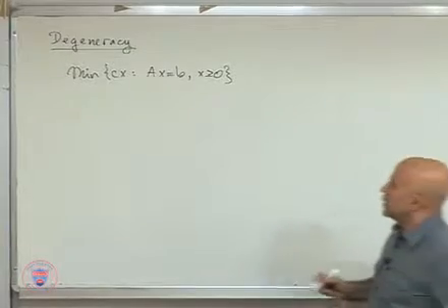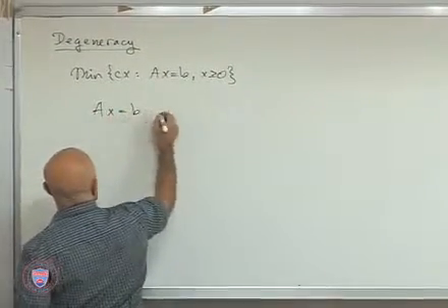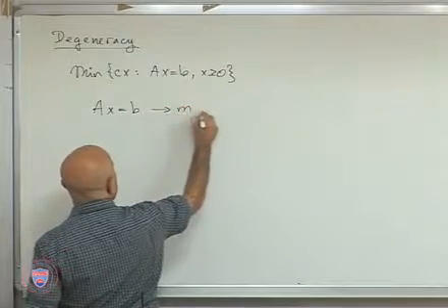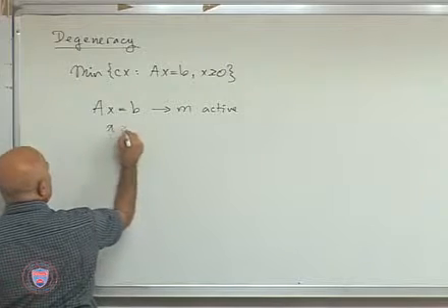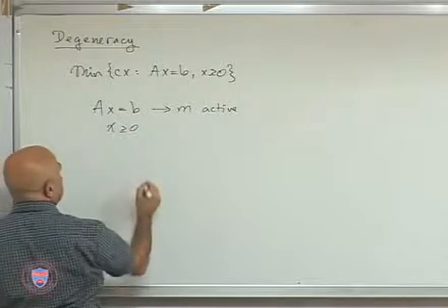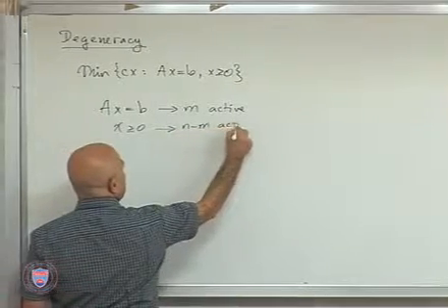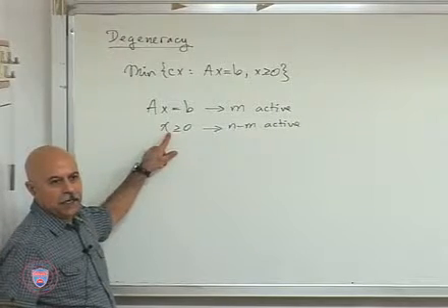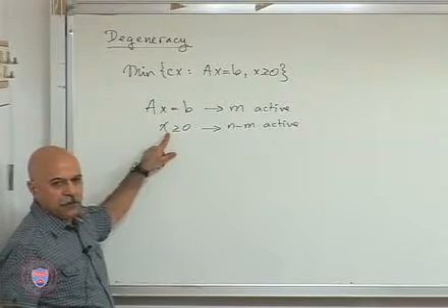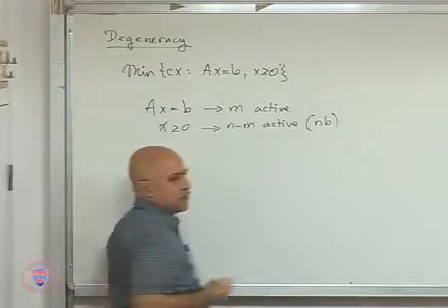In this case, recall that Ax equals b supplies m of the active constraints, and for x greater than or equal to 0, you need n minus m active constraints from here. So whichever ones are taken as active or binding, those are the non-basic variables.